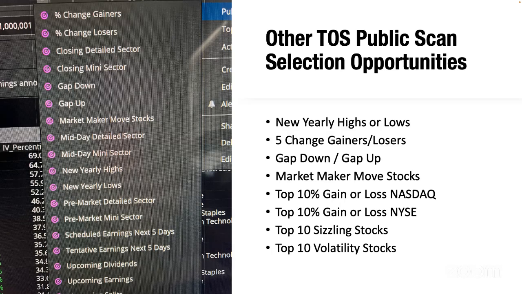You could have percentage change and gains, closing, mini sector, gap down, gap up. I sometimes play with the gap ups and the gap downs. Market maker move stocks. There are new yearly highs, new yearly lows. There are lots of different public listings on Thinkorswim. I'll show those to you. I play around with them a little bit.